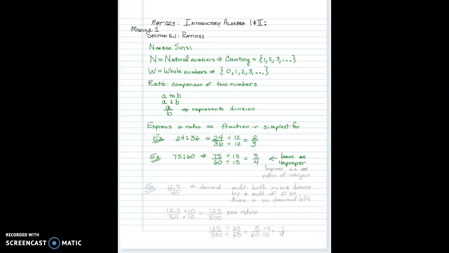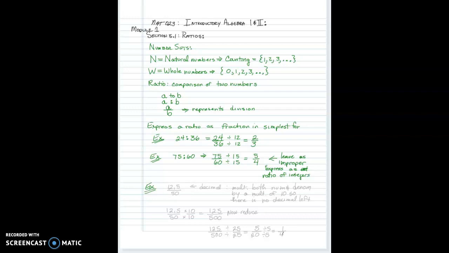And then one last example. Let's say I have a ratio of 12.5 to 50.